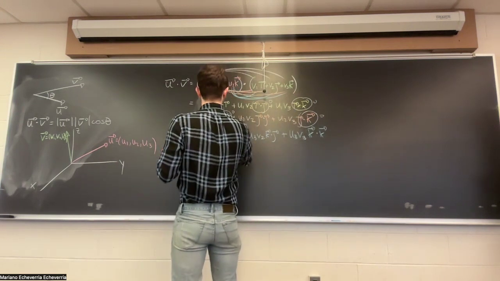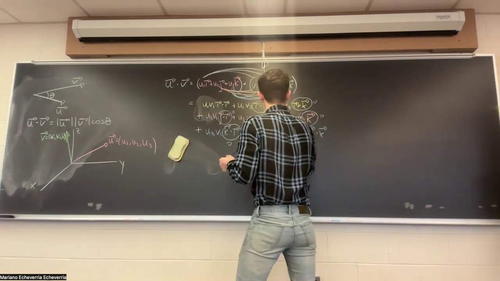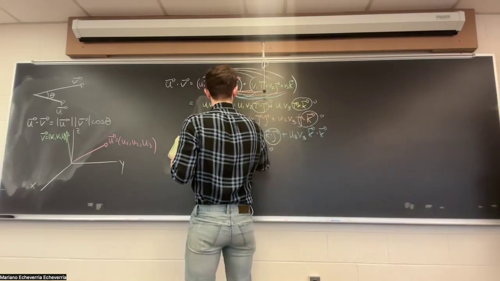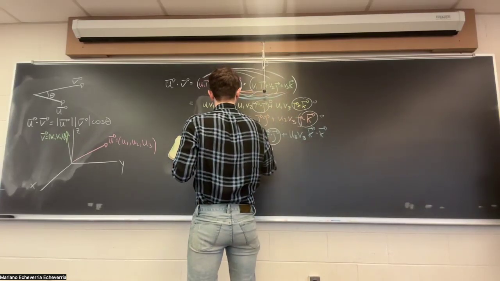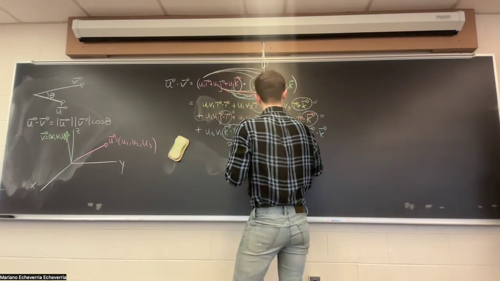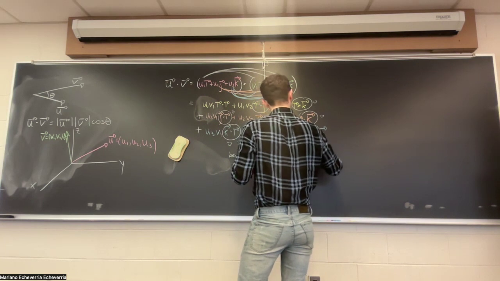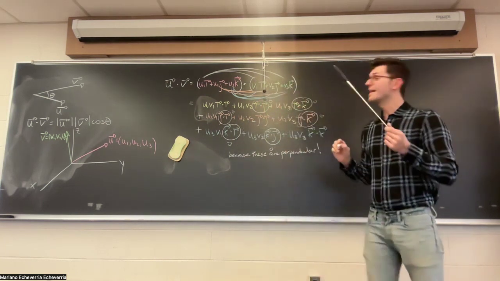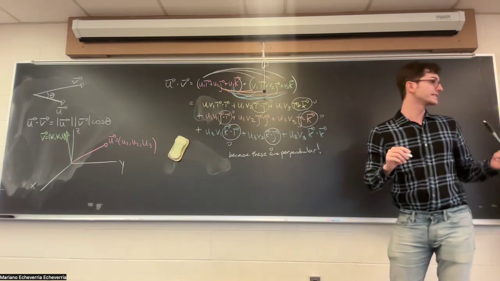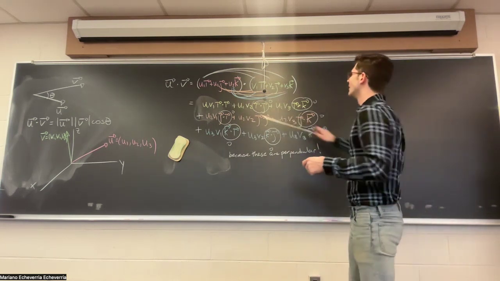The ones that involve different vectors automatically become 0 because these are perpendicular. Is that making sense? So of the 9, only 3 remain.